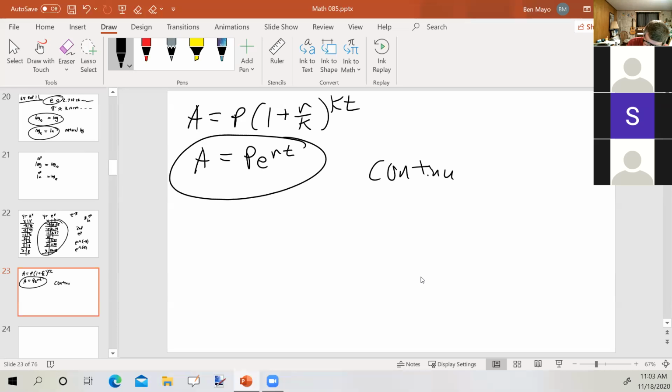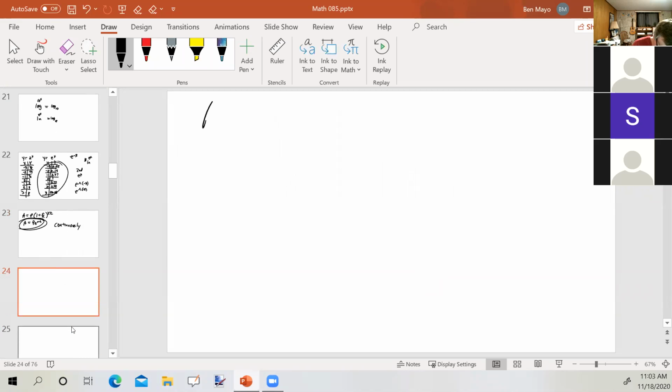Is that right? Yes, that's right. Okay, seems like a lot of U's in there. So now let's take a look at some examples using this formula.